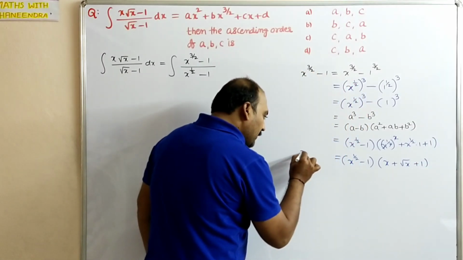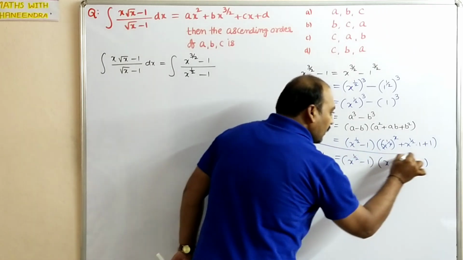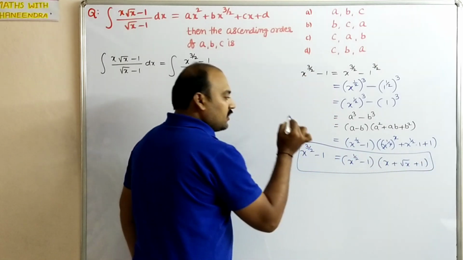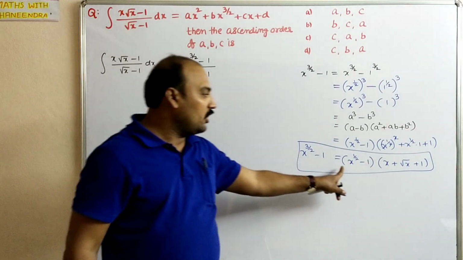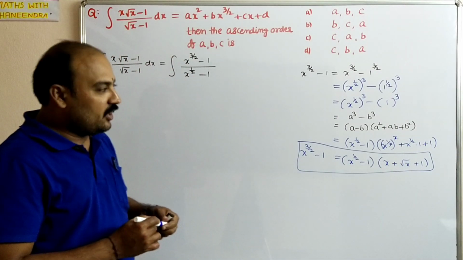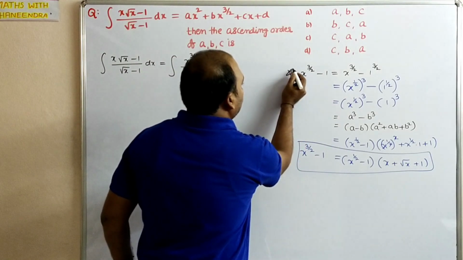So this is the value of x power 3 by 2 minus 1. Wherever x power 3 by 2 minus 1 is there in the numerator, you have to replace it with this value by using factorization. This is the important step.